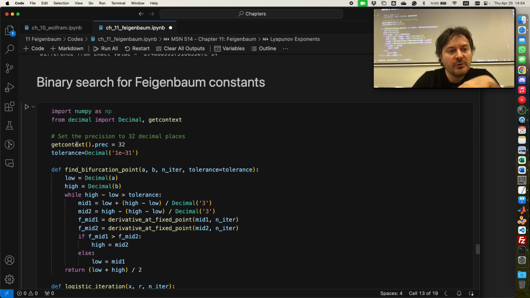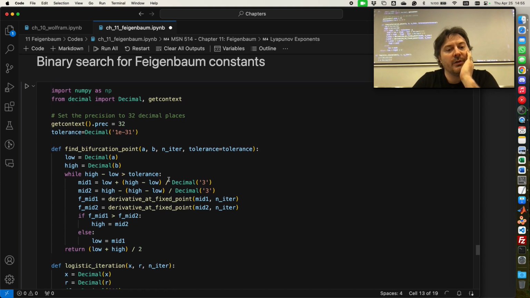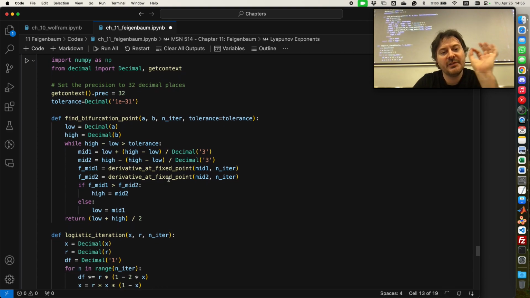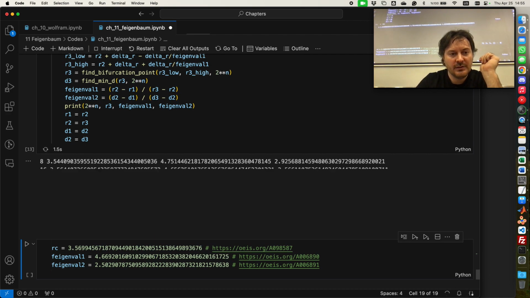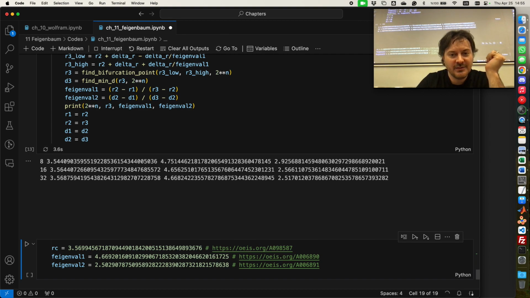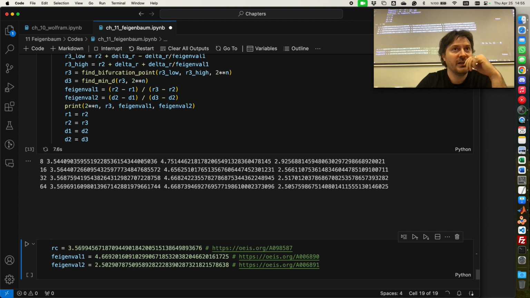For the final code to work, I actually have to go to higher precision in decimals, like 32 digits. What this code is doing is finding the precise position of the bifurcations and finding the distances. If you run this code, in 38 seconds it finds the relevant Feigenbaum constants.